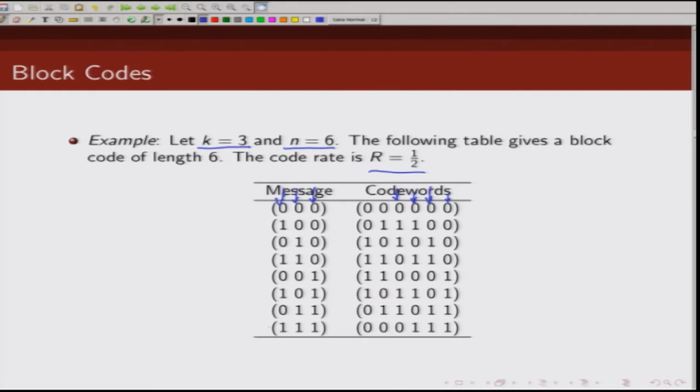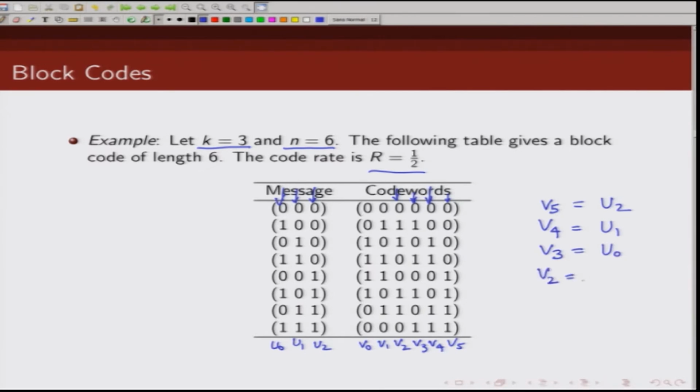So, if we let us say denote this by U0, U1, U2, and we denote these by V0, V1, V2, V3, V4 and V5, what we have found out so far is V5 is same as U2, V4 is same as U1, V3 is same as U0, and what is V2?